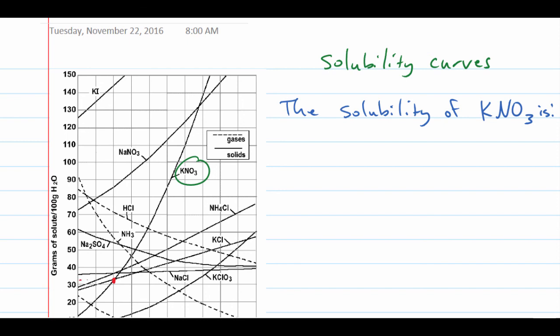So we come over here, and it looks like that value is somewhere right around maybe 32 or 33. And so we'd say then it contains 32 grams of KNO3 per 100 grams of water.